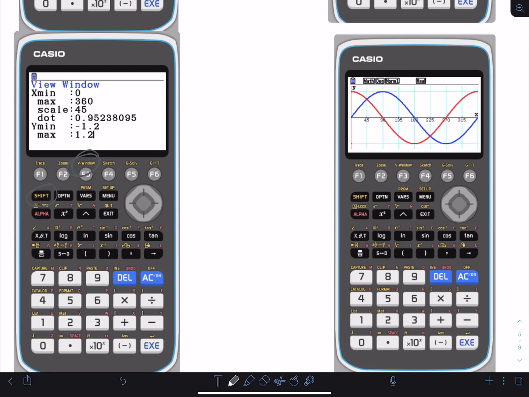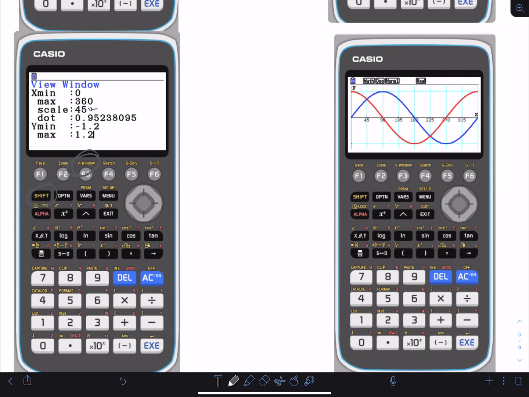The scale really doesn't matter. Usually it's 1, but what this does, and I'll show you on the next screen, is it divides up your x-axis. Not a big deal if you don't mess with that ever. Dots also, don't mess with that. It just does a bunch of points on your graph instead of drawing a line or a curve.